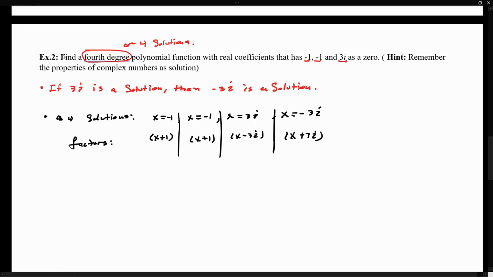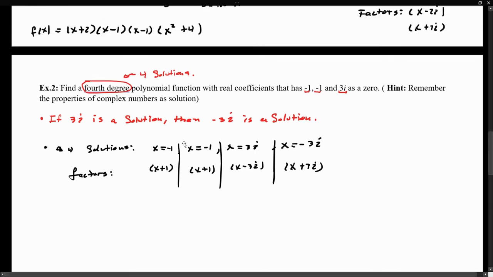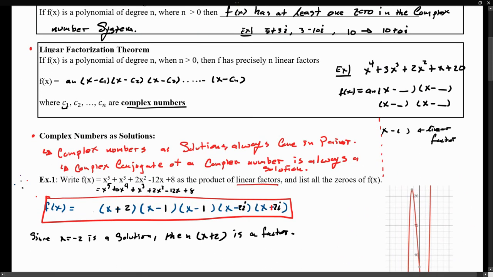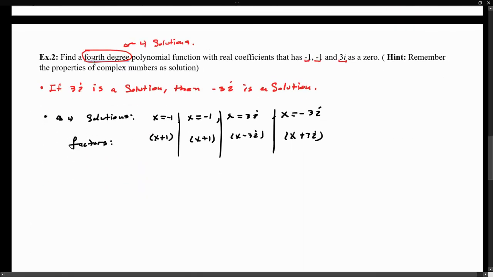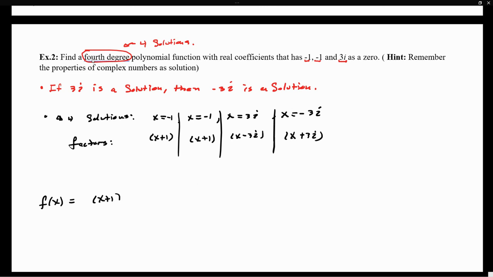So now notice that this goes hand in hand with what we started discussing here with our linear factorization theorem. It is of the fourth degree, so therefore, let's just write out our function with what we know. So now we know that f of x is equal to x plus 1 times x plus 1 times x minus 3i times x plus 3i.